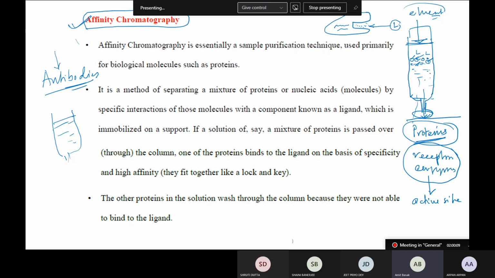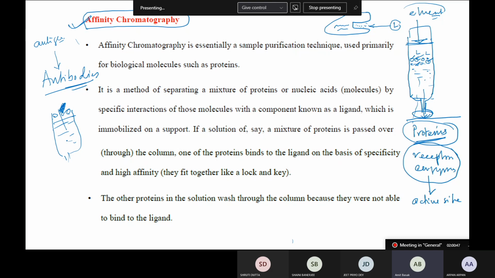Antibodies are generated due to the presence of an antigen, which is the foreign molecule. So you attach the foreign molecule, the antigen, to the gel, okay, and then add the mixture of antibodies. The antibody which is complementary to this antigen will bind, others will go through, and then once everything has gone through, the same thing, you add solvents of different polarities, and ultimately you get your desired antibody.